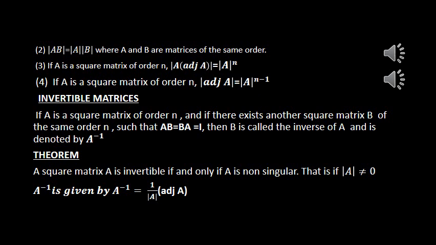We read it as A inverse or inverse of A. So B is the inverse of A. Here you may say B is the inverse of A and A is the inverse of B.